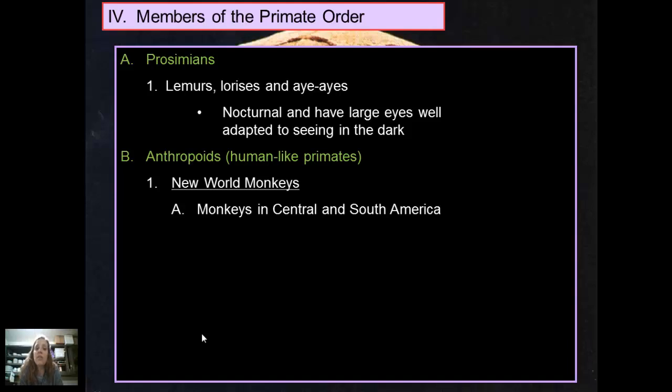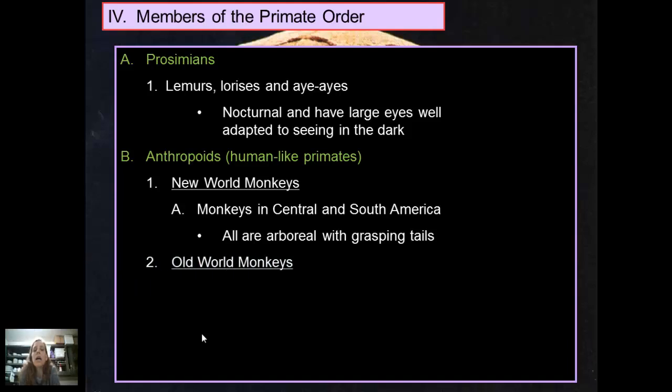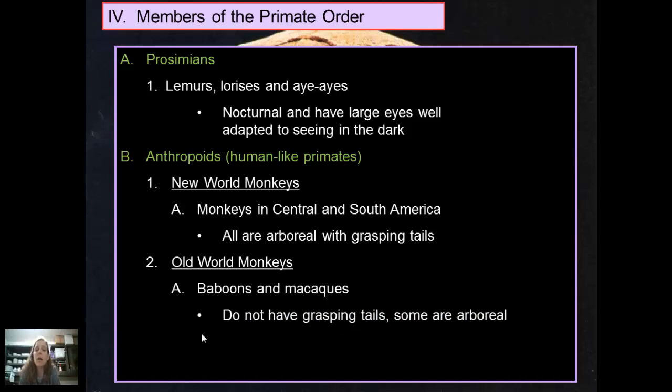These are monkeys that are found in Central and South America. They are arboreal with grasping tails. Arboreal means to be living in the trees, and the grasping tails help them to grasp the branches, which frees up their hands so that they can eat and play and do all the things that they do with their hands.